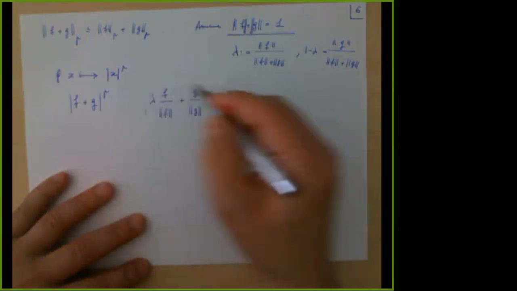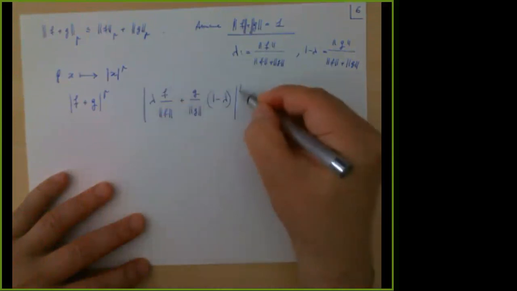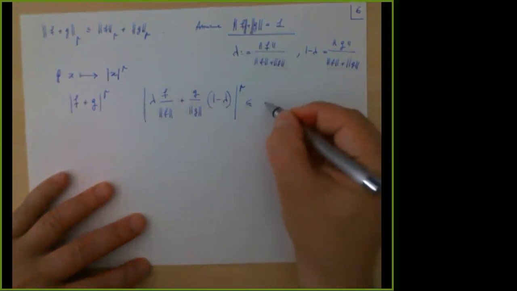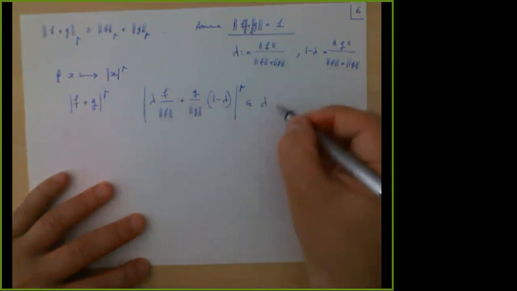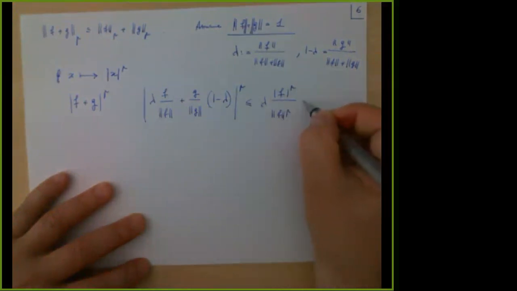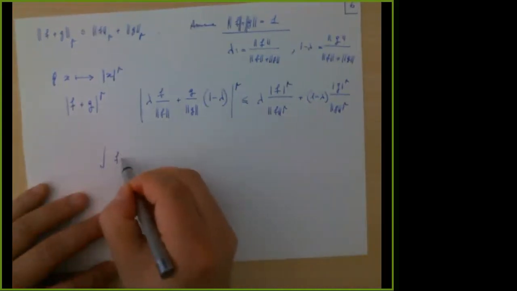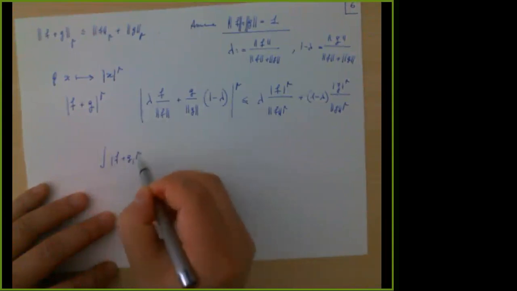At this point, what do we get? Remember, we are also using the fact that the norm of f plus g is less or equal to 1. This will lead us to lambda times f to the power p over the norm of f to the power p, plus 1 minus lambda times g to the power p over the norm of g to the power p. Now we integrate both sides. So we integrate f plus g to the power p.